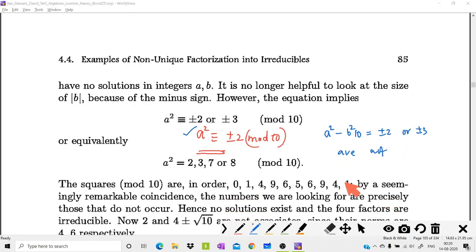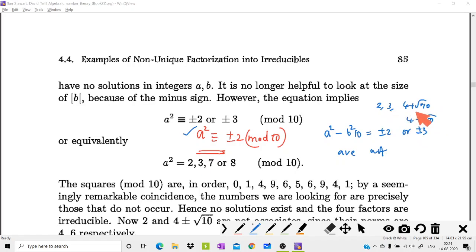So we can say that those numbers are again irreducibles. What are they? 2, 3, 4 plus root 10, 4 minus root 10. These are all irreducibles, and obviously 2 and these numbers cannot be associates, by comparing the norms.